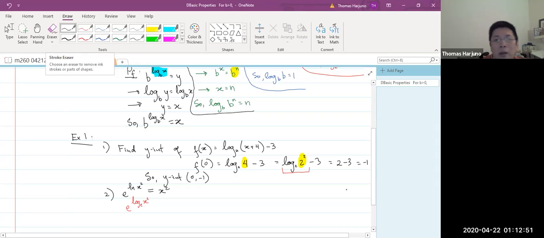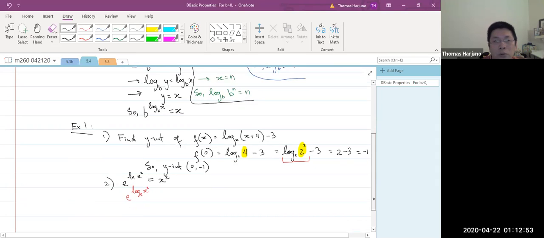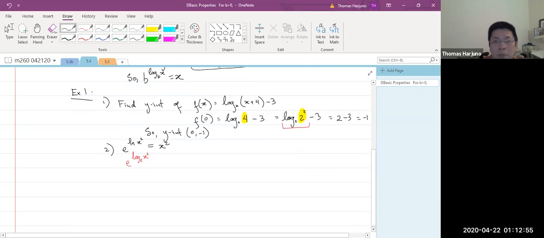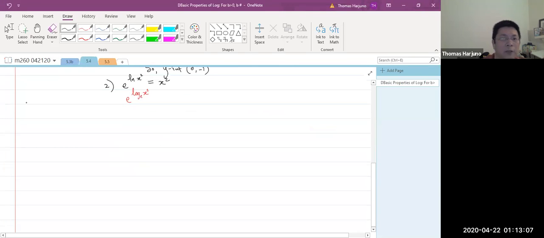Now let's go to other properties of log, the ones that you need to memorize also. But in this section, our textbook emphasizes these three big properties. Okay, let me start from here.